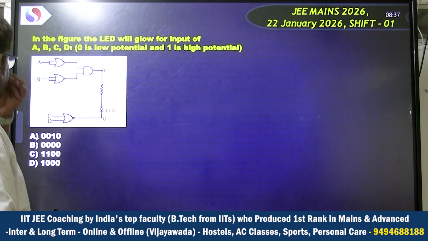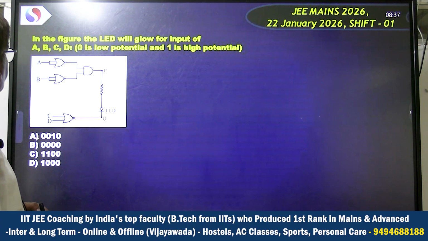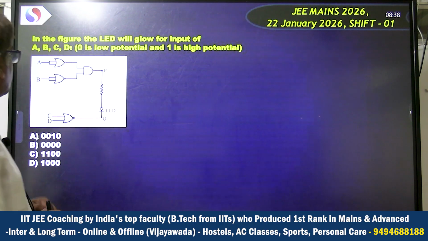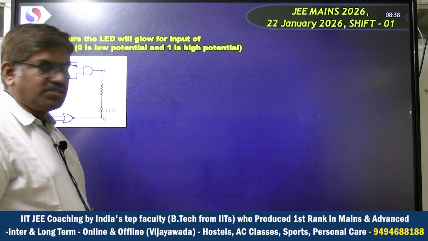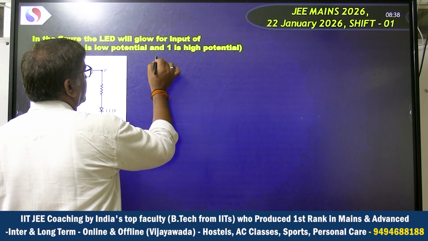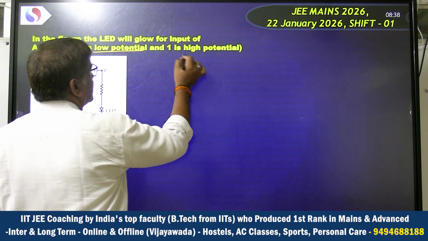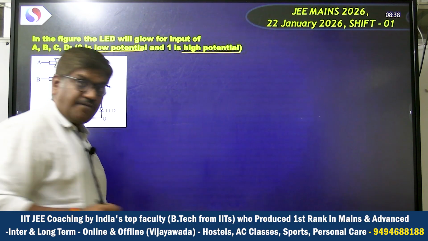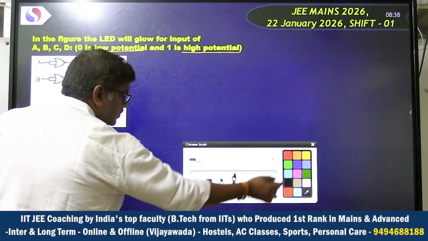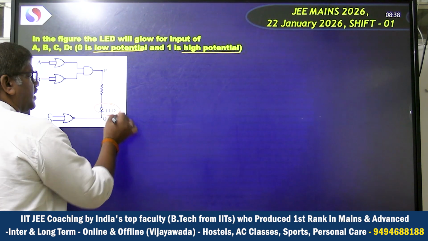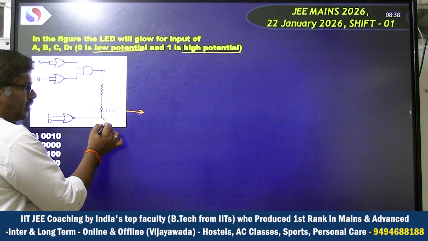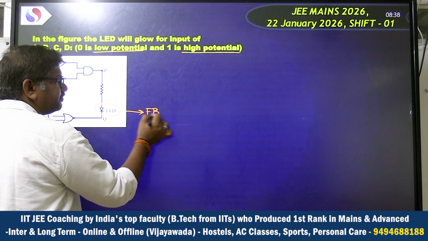The next question is: the LED will glow with the input of A, B, C and D. When you are dealing with a circuit with logic gates, and talking about 0 and 1, 0 corresponds to low potential and 1 corresponds to high potential. For the LED to glow, P should be at the higher potential and Q should be at the lower potential, so that it is forward biased.